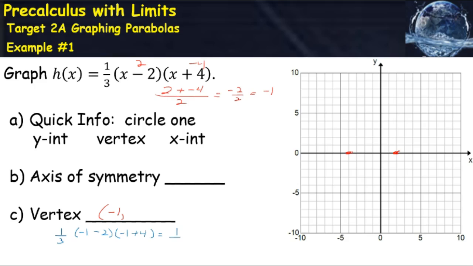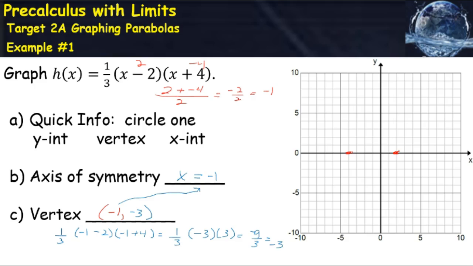So that's 1/3 times -3 times 3, since -1 minus 2 is -3 and -1 plus 4 is +3. So that's -9/3, which is -3. So my vertex is -1, -3. And the axis of symmetry is just x equals whatever the x value is, and that x value is -1. So x equals -1.